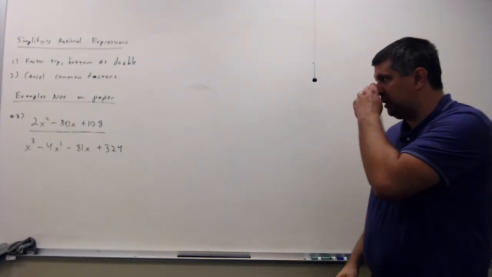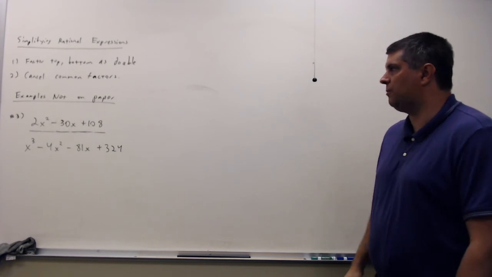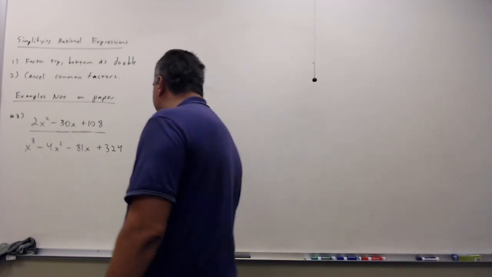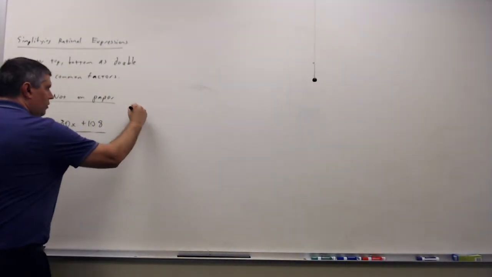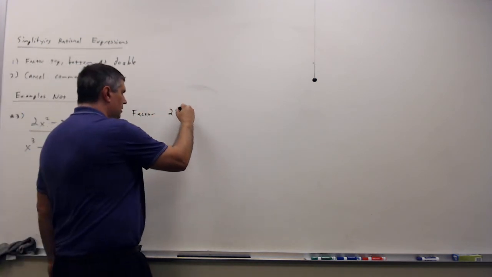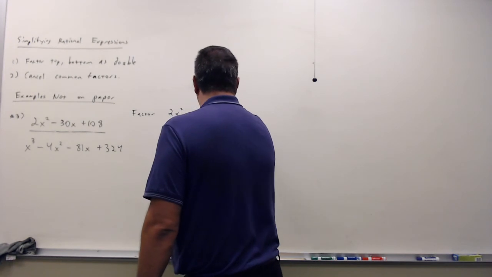Okay, here's another one. 2x squared minus 30x plus 108 over x cubed minus 4x squared minus 81x plus 324. Okay, so here goes. We need to factor 2x squared minus 30x plus 108.